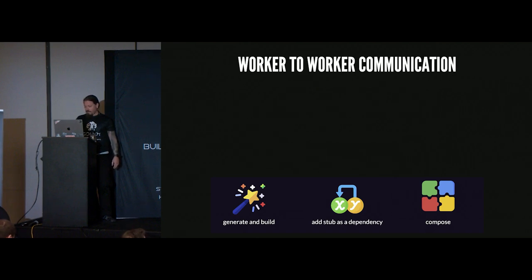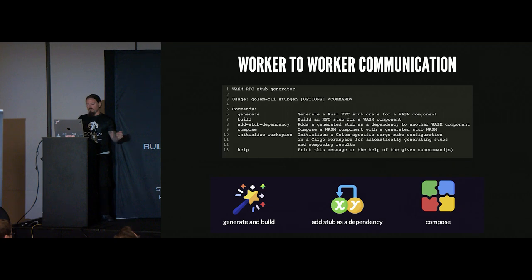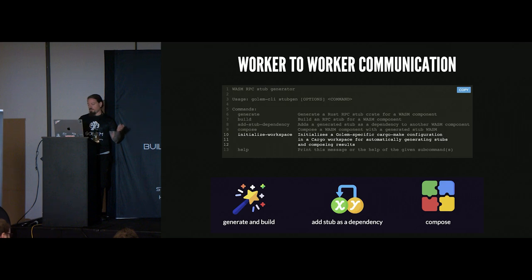And this library is used by Golem's CLI tool as well to wrap these steps to generate the stub and add this dependency and so on. So that's exposed as a CLI command as well. And in case your components are all in a single Rust workspace, then there is even support for generating a cargo make file that even further automates all these steps for you.